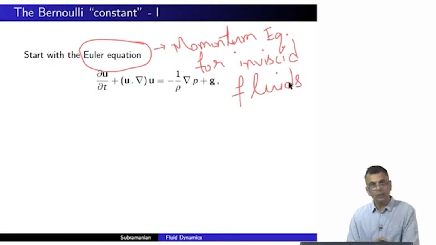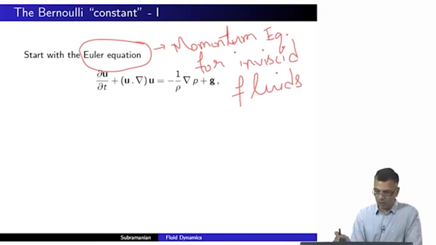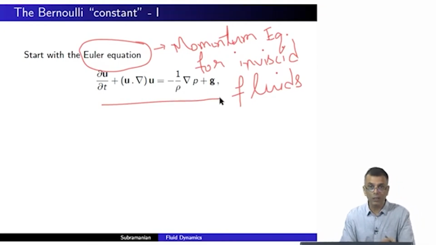So we're sticking to situations where viscosity is neglected. The Euler equation is something we spent some time on, so we're familiar with it, and just to emphasize, this is the Euler equation written down in the Eulerian frame, in other words the frame of the lab observer.